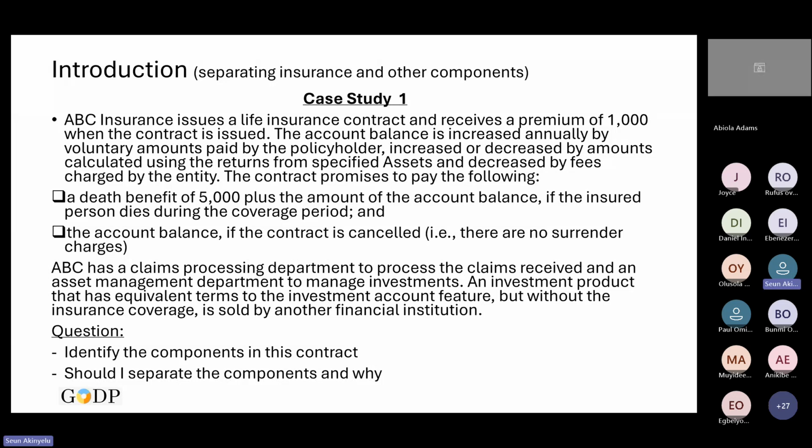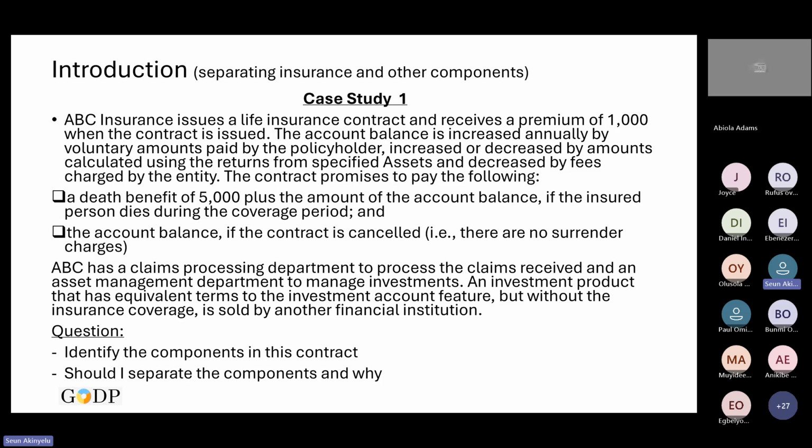So that means the policy holder is paying a voluntary amount every year. It is increased or decreased by the amount calculated using returns from specified assets, and decreased by fees charged by the entity, meaning that there is an increase on interest and they also charge fees.